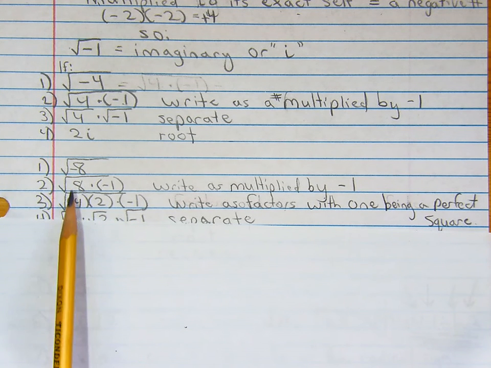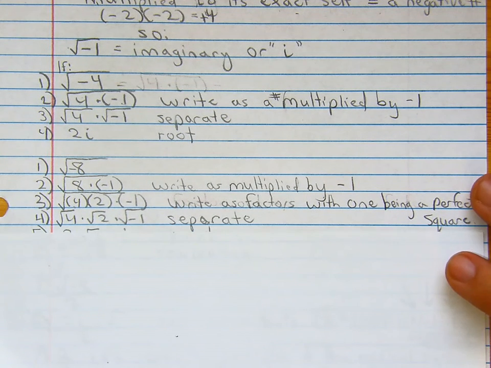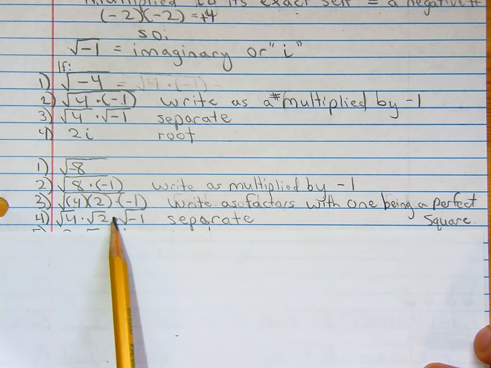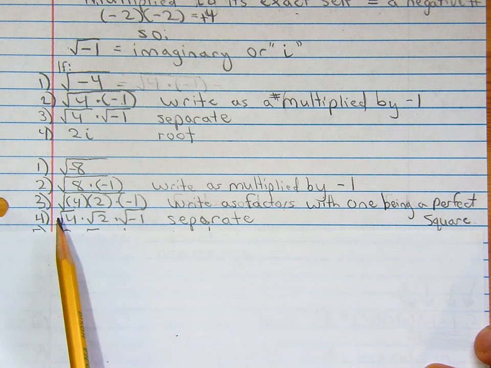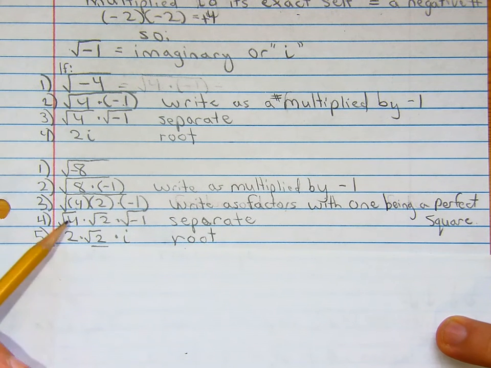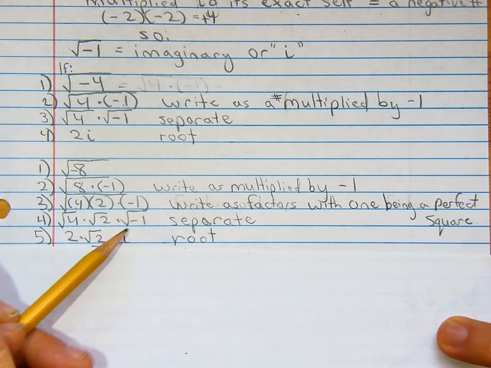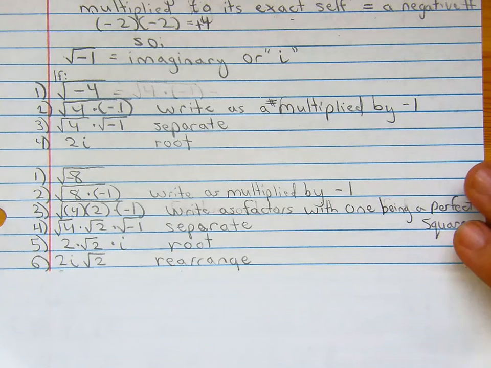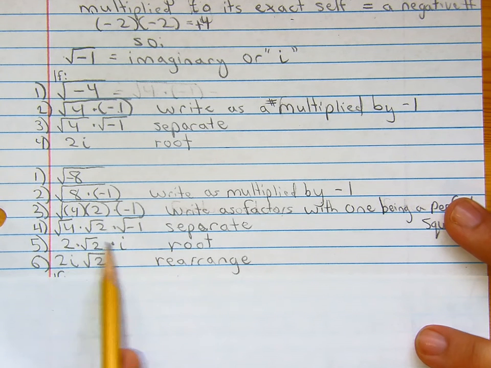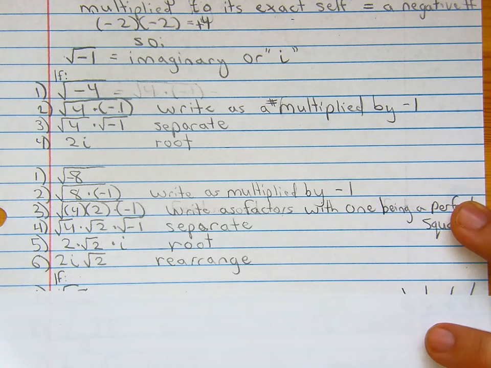So factors of 8: 4 and 2, with 4 being my perfect square. I can separate them into individual roots, take the root of each one, and the square root of -1 I just write as i. I rearrange and I'm done.